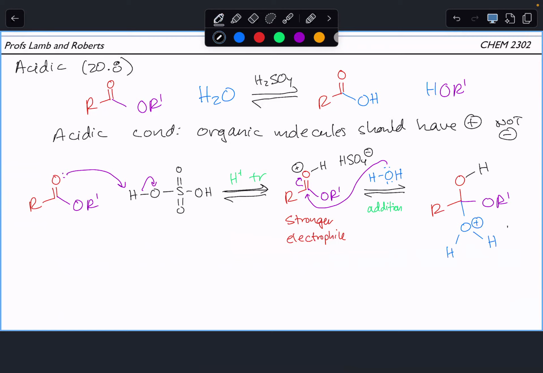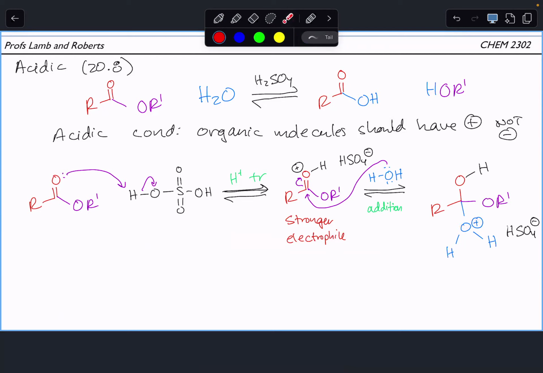Okay, so I just added in HSO4 minus, there we go. So all I did was add in my nucleophile, I did my addition step. Now we have our positively charged incoming nucleophile.